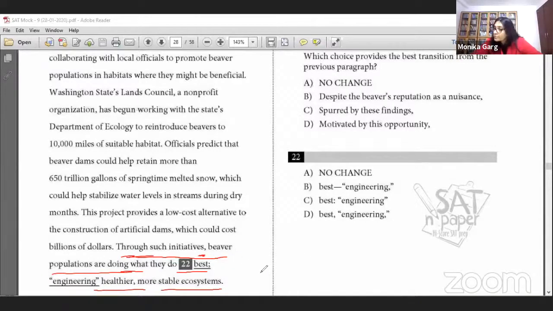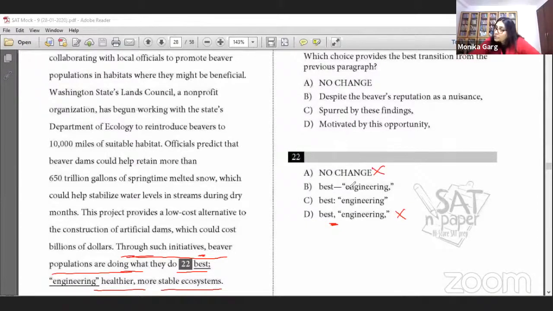This cannot be a comma, because you have an independent clause and then you're giving an explanation. It has to be either a colon or a dash. That means the comma is gone, and the semicolon is also gone.